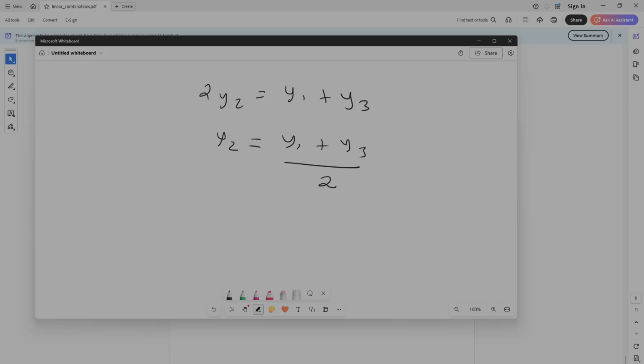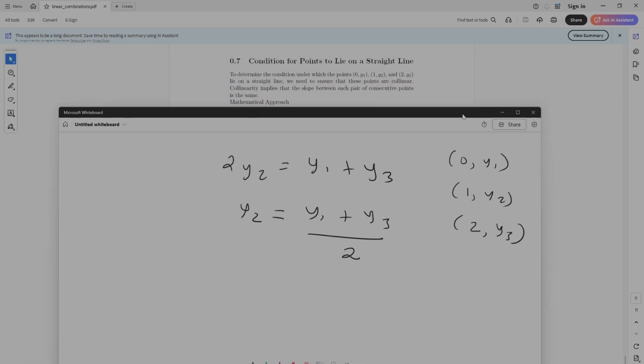For this particular case of the points we were given, (0, y1), (1, y2), and (2, y3), this looks like the average.